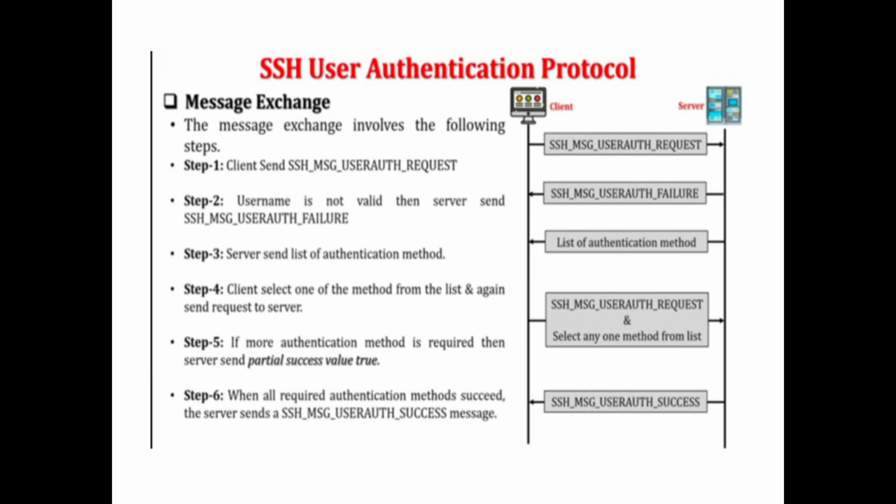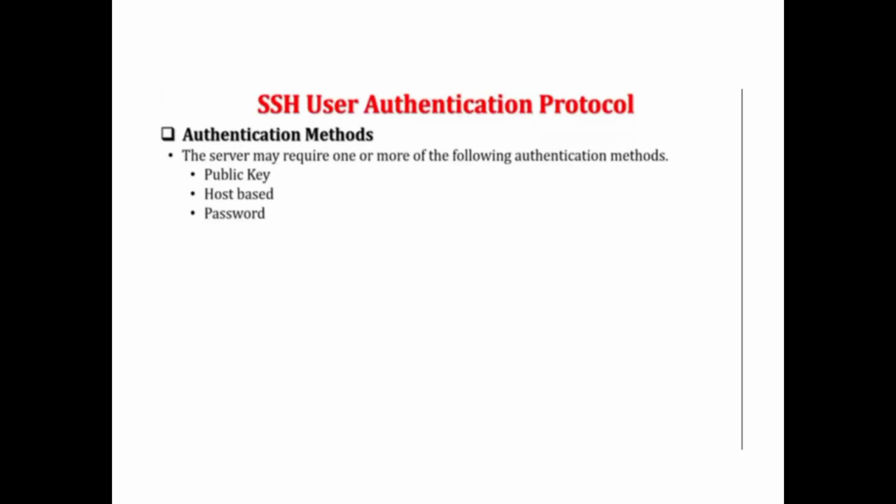Fourth step, the client selects one of the methods from the list and sends it again to the server. Fifth step, if more authentication methods are required, then the server sends a partial success value of true. And the last step, the sixth one: when all required authentication methods succeed, the server sends an SSH_MSG_USERAUTH_SUCCESS message.